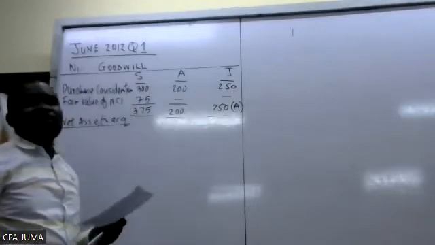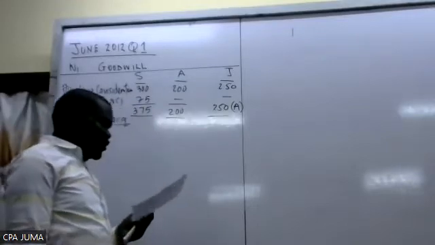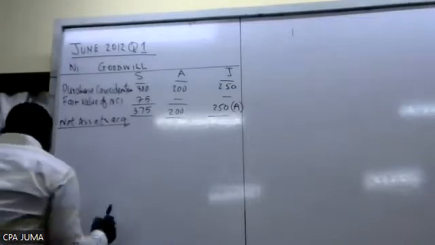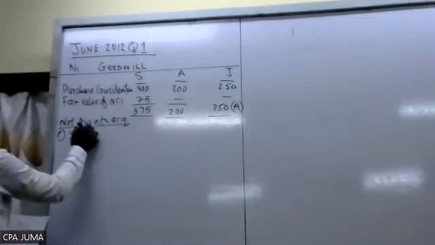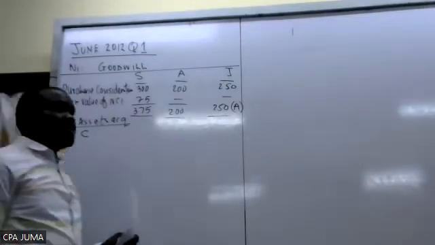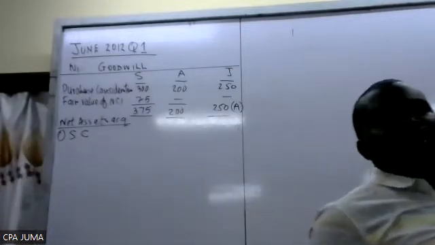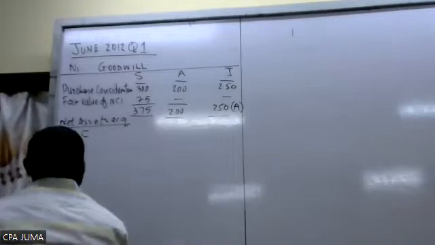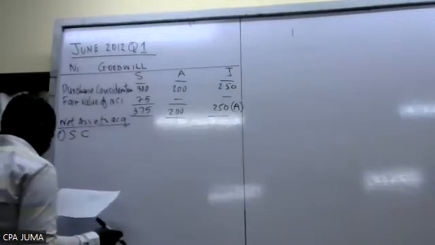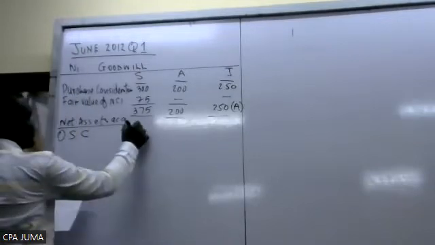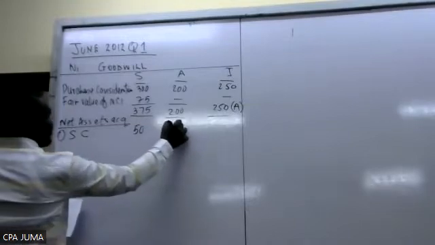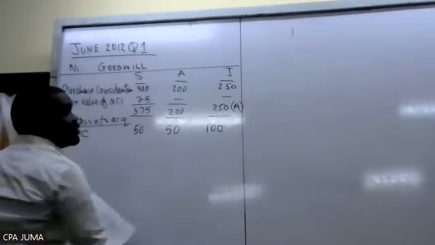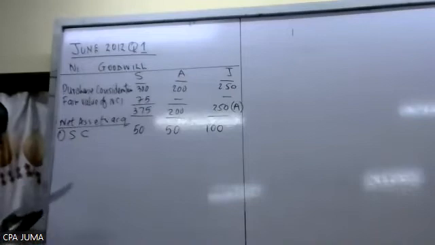Check under equity, we have ordinary share capital for S, A, J. Ordinary share capital: 50-50, 100.